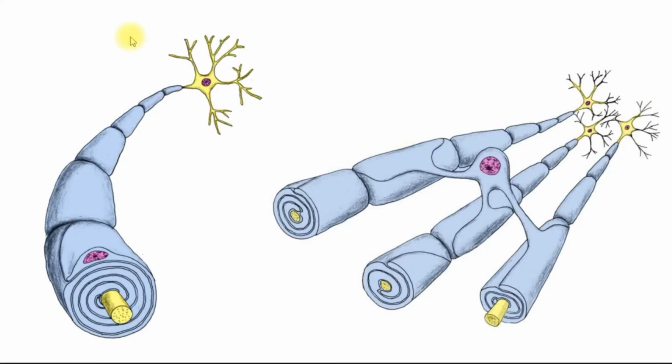And in the peripheral nervous system, Schwann cells provide formation of myelin. But in the central nervous system, there are special glial cells which are called oligodendrocytes, oligodendroglial cells, and they provide formation of myelin in the CNS. So it's a difference between PNS and CNS. So what is another difference?